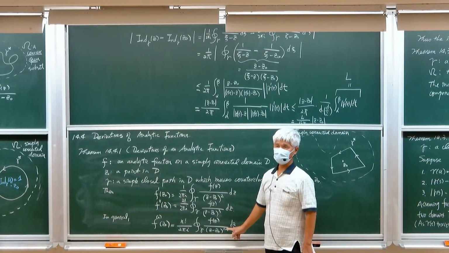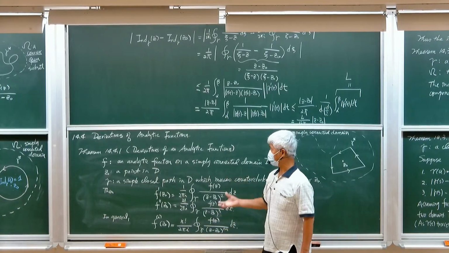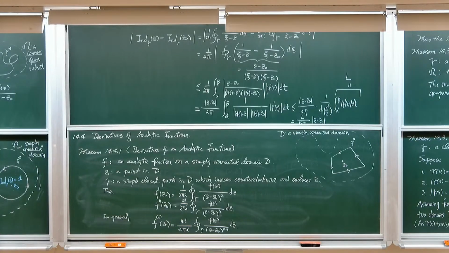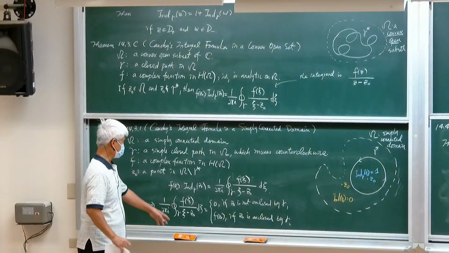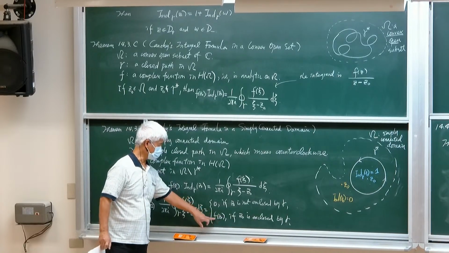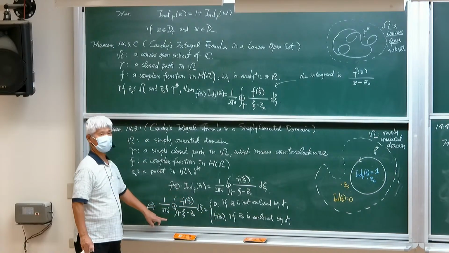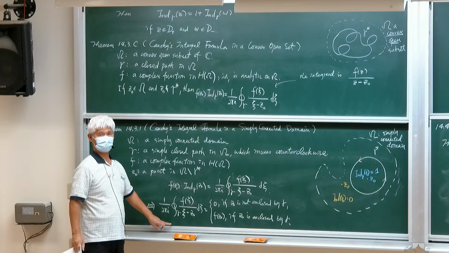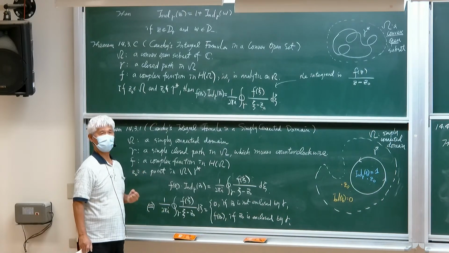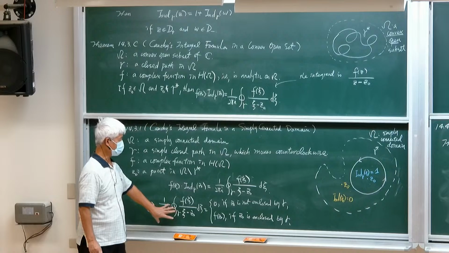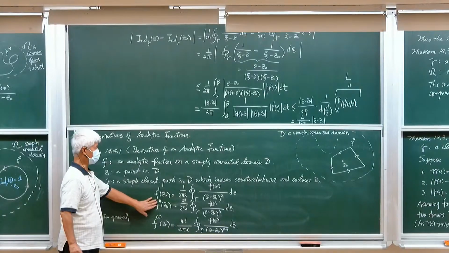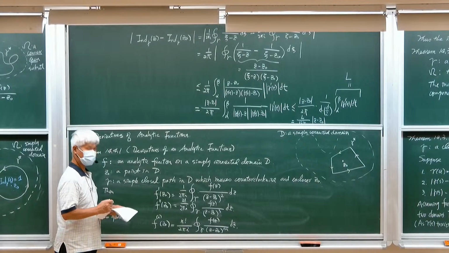And the foundation is Cauchy's integral formula here. As we see, the value f(z) itself can be evaluated by this line integral. So that is the basic point we have, and from that, we are able to show that we have these formulas.